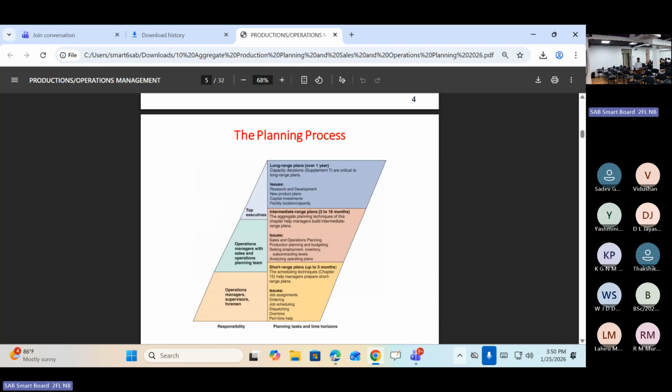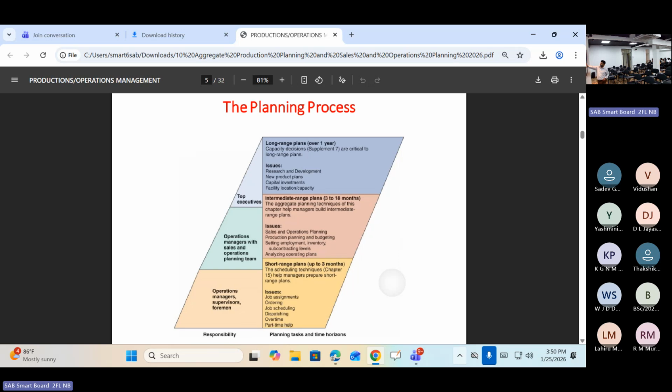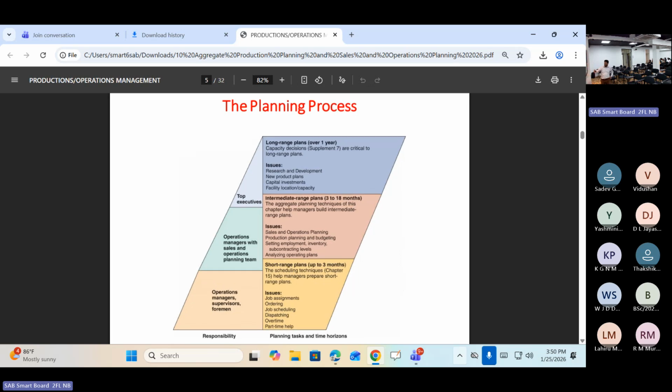So that is clear. This slide, sorry, the fifth slide, shows you the planning process, the same thing that we have identified based on the long-term operations planning constraints. The medium-term or intermediate range production planning includes aggregate production planning.